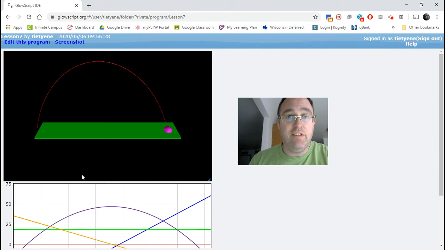For an extra challenge, and this is a preview of next week's topic a little bit, I want you to figure out how to include air resistance in the x direction of projectile motion. We've been dealing with ideal situations all the way through. I want you now to add air resistance. So how would you do that? How would you represent motion with air resistance? You've got to think about that a little bit. What's going to happen to the motion of this object, and why is it going to happen?